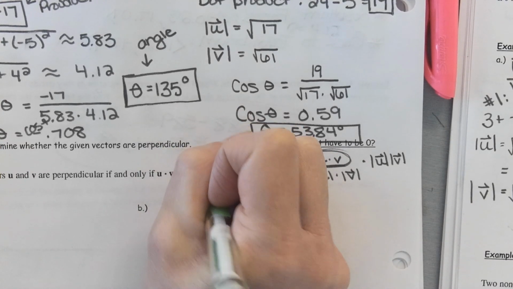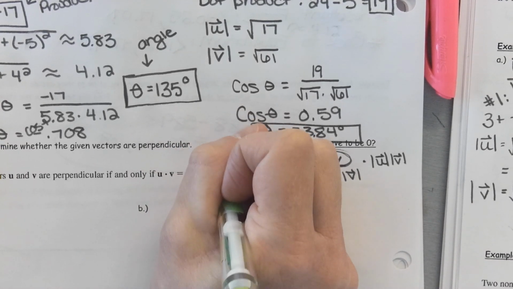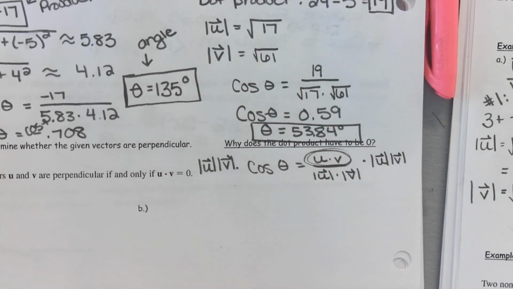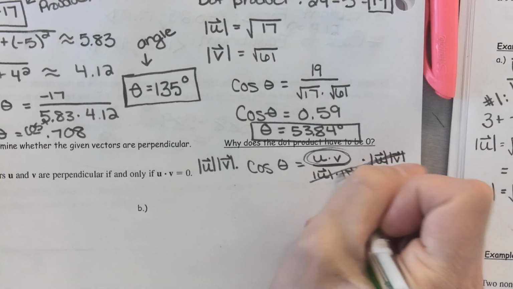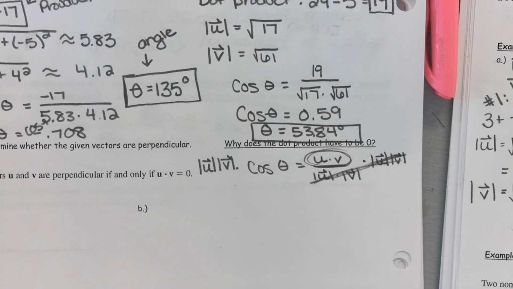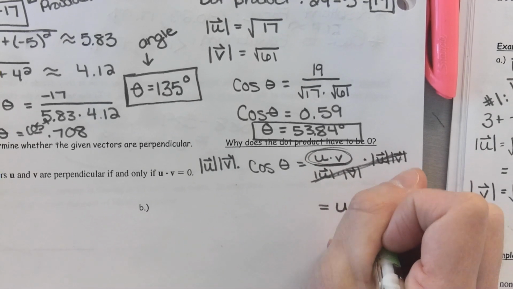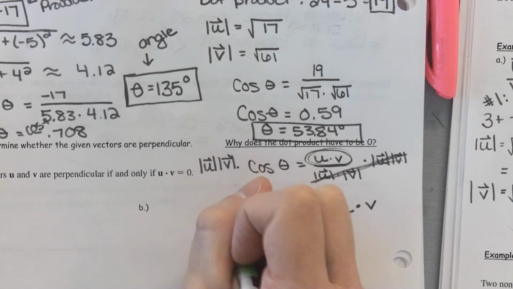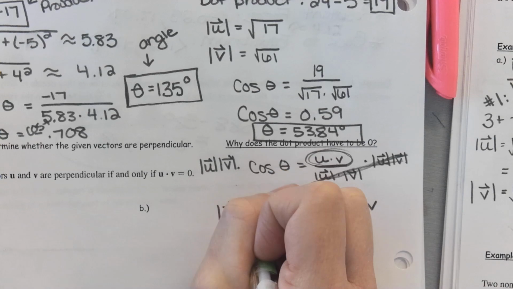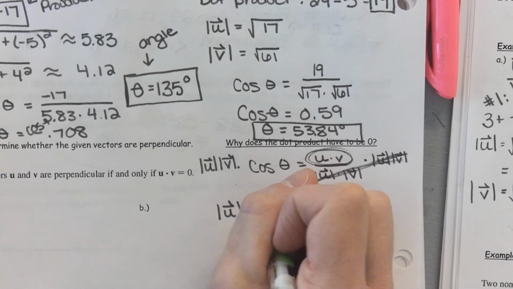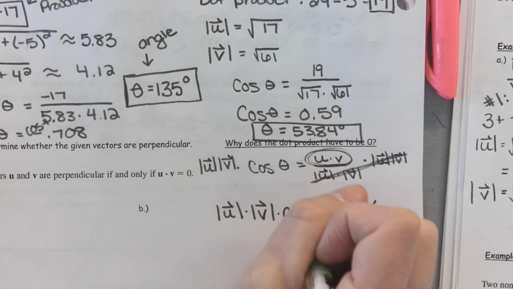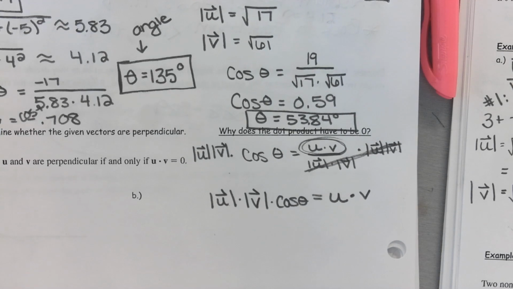And I also have to do it to this side because it's an equation. Whatever I do to one side, I have to do to the other. Do you see how these will cancel out? Do you agree? Okay. So I get u dot v is equal to the magnitude of u times the magnitude of v times the cosine of theta.